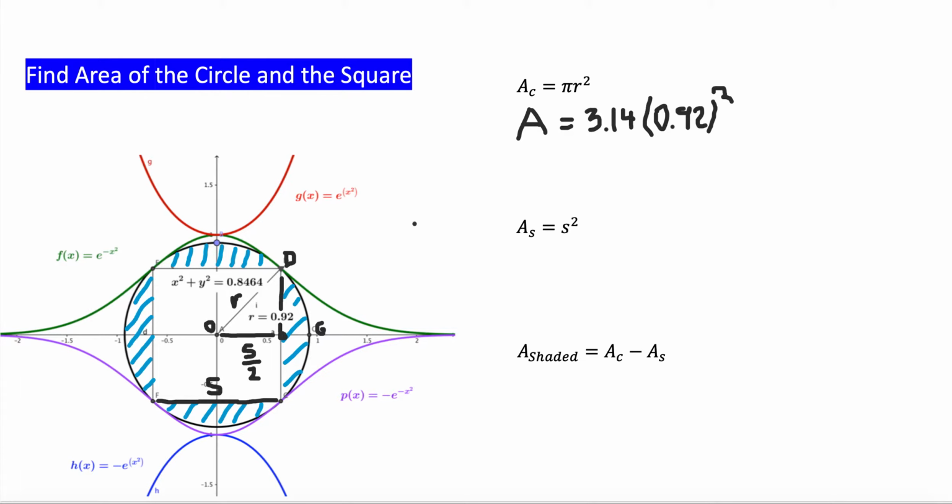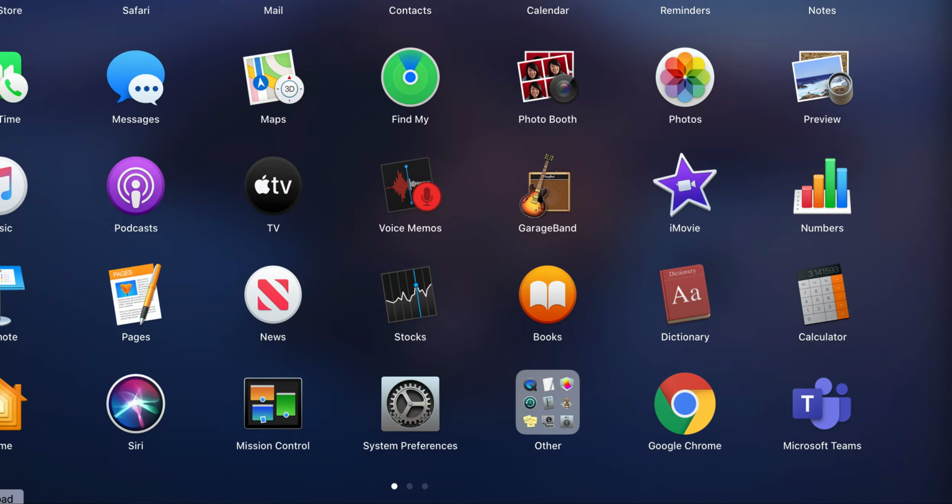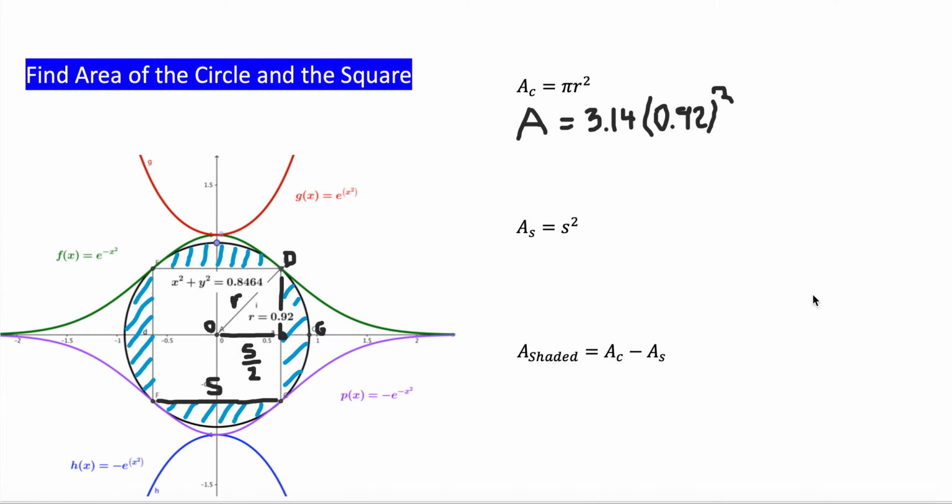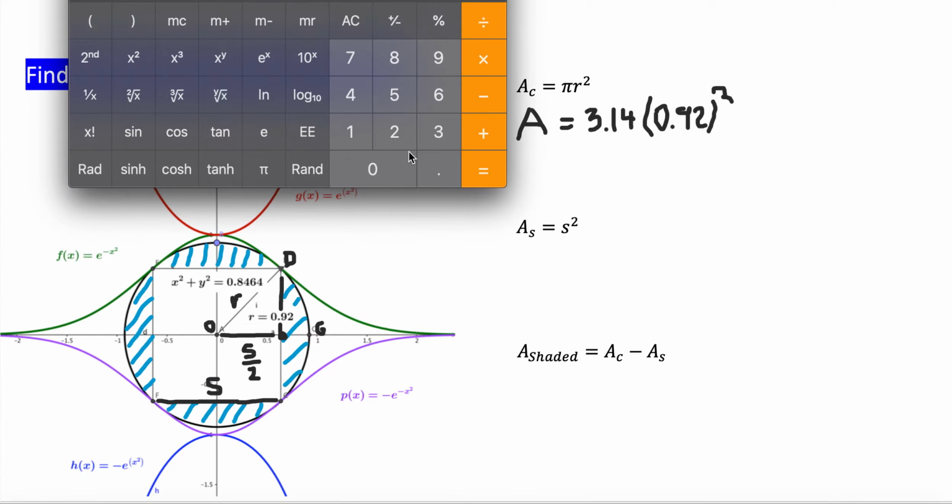Let's calculate this. First of all, let's take a calculator. 0.92 squared is 0.864, times 3.14, which is equal to 2.65, or let's say 2.66.